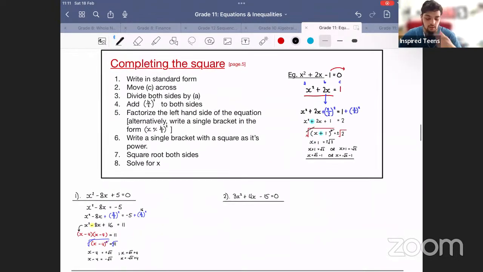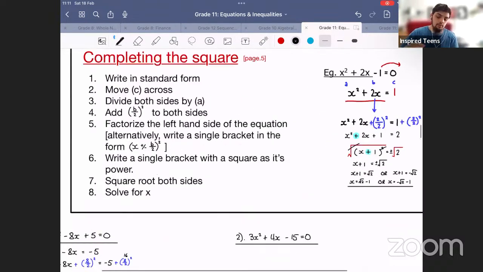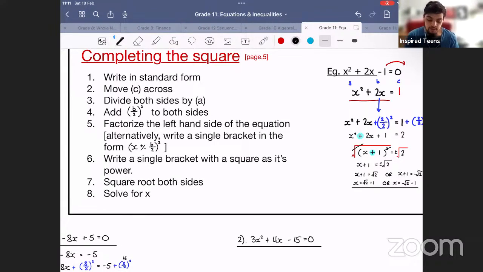All right, now let's do completing the square. Let's just go through the steps one more time. Write in standard form, move c across, divide both sides by a, add b over 2 squared to both sides, factorize the left-hand side of the equation. Alternatively, write a single bracket in the form x plus or minus b over 2 squared. Write a single bracket with a square as its power, square root both sides, solve for x.